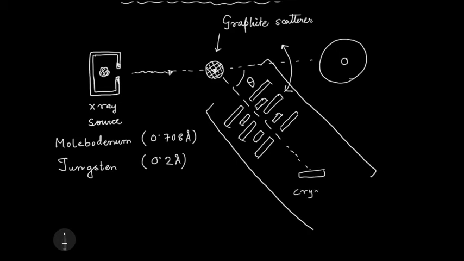spectrometer. So this is the crystal. What he used is a calcite crystal. A is of the order of 4.98 angstrom, which you see is of the order of 1 angstrom. It's not much different than 1 angstrom.